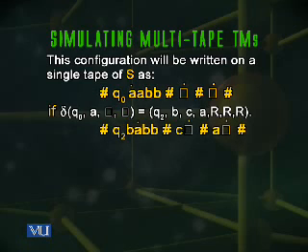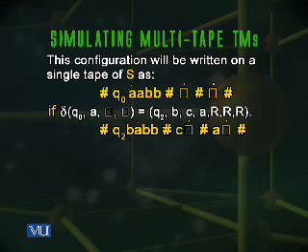Then S will change its tape contents to become B A dot B B followed by a hash sign, followed by C blank dot, followed by A blank with a dot on top of it, followed by a hash sign, which represents the new configuration of this 3-tape Turing machine.